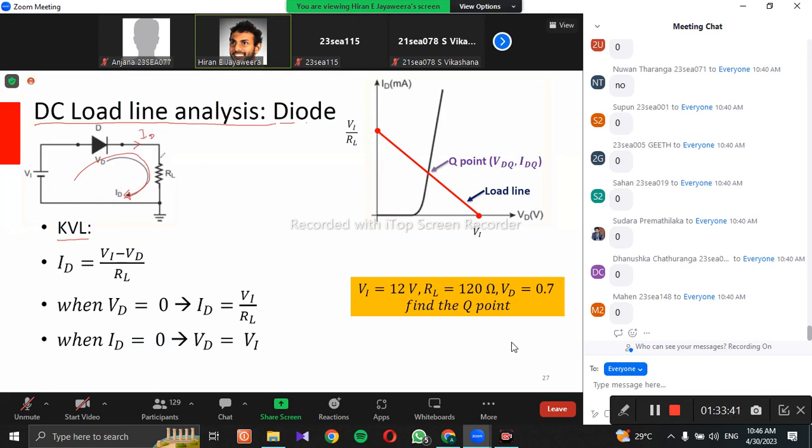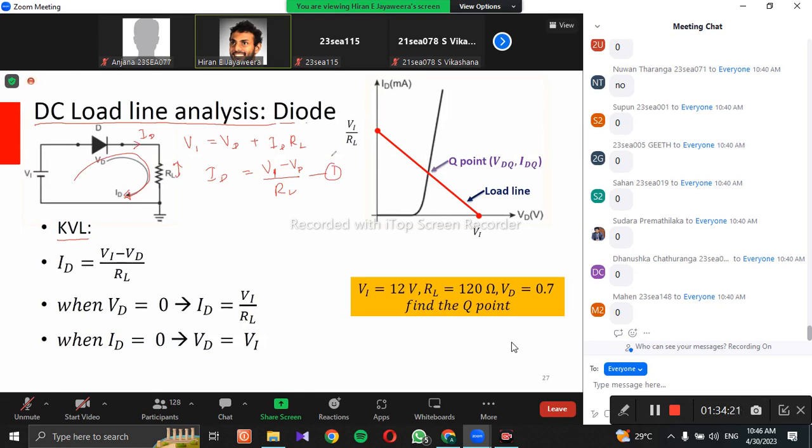You can simply write V1 equals the potential drop across the diode, let me write it as VD, plus the potential drop across the resistor, that is ID, since the same current flows through the resistor RL. So then ID equals V1 minus VD, divided by RL. Right? This is one of the equations you can use to plot the load line.